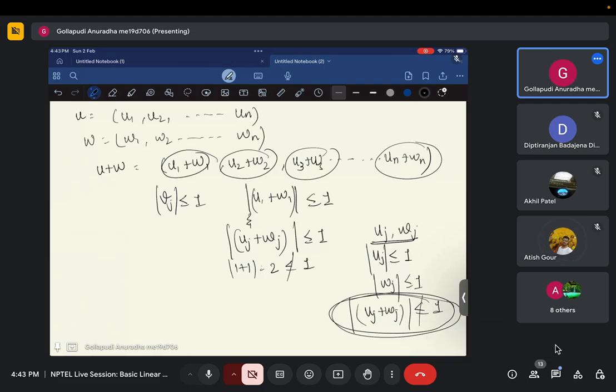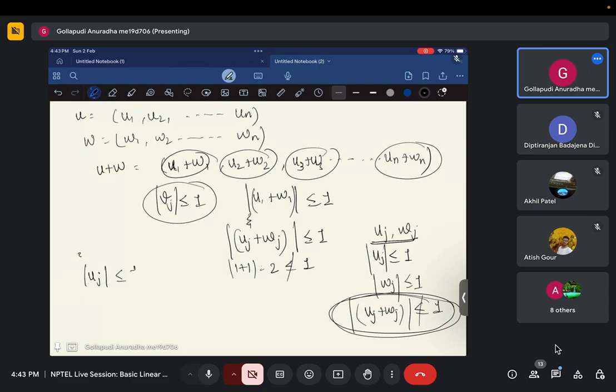Yes, ma'am. Okay. So what I try to say here is, though individual elements were following this, if I add them and see whether the linear combination is lying within the restrictions, within that set or not, that's not happening, so it's not a vector space. You can see the same for the multiplication also.